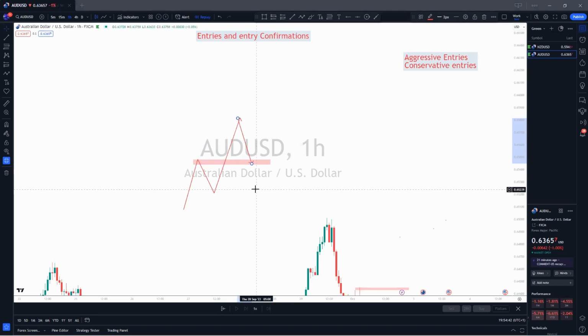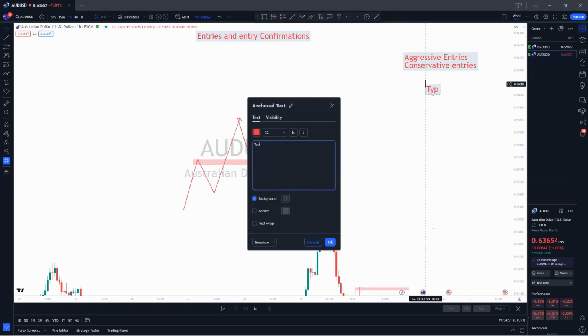Do you guys understand? This extra confirmation can either be market structure confirmation or candlestick confirmation. So, types of confirmations. We have candlestick confirmations, but let me start with market structure confirmations, and then candlestick confirmations.